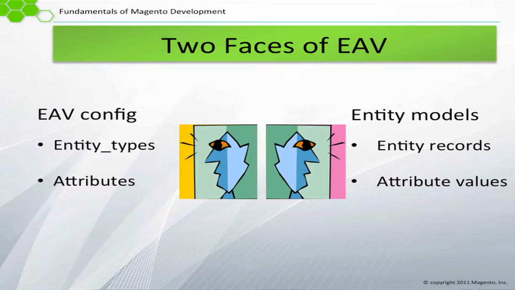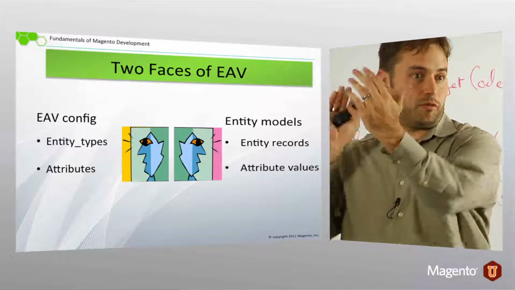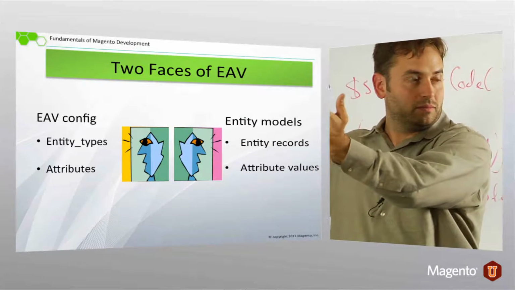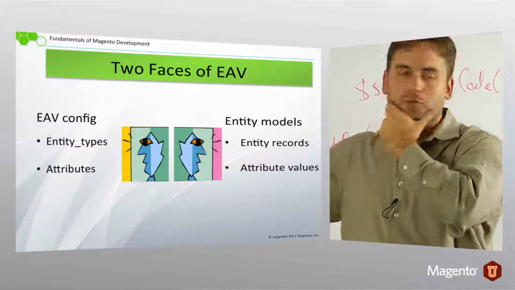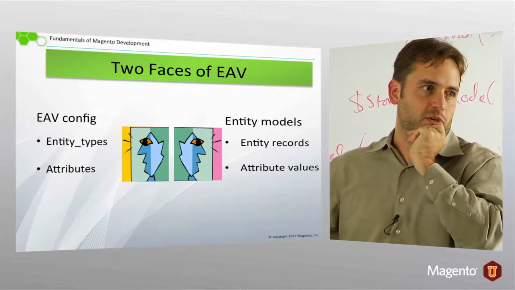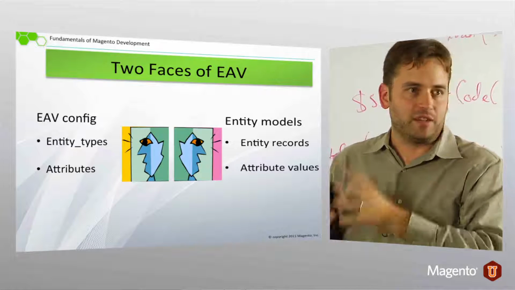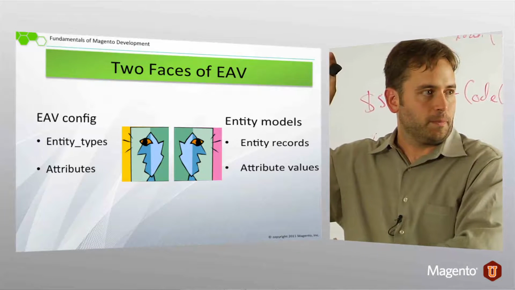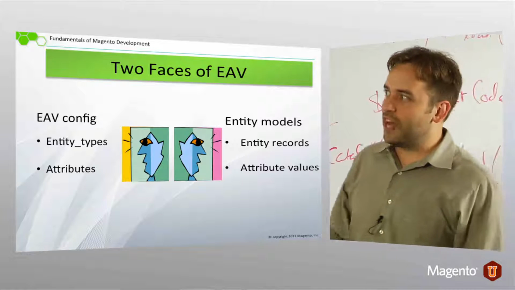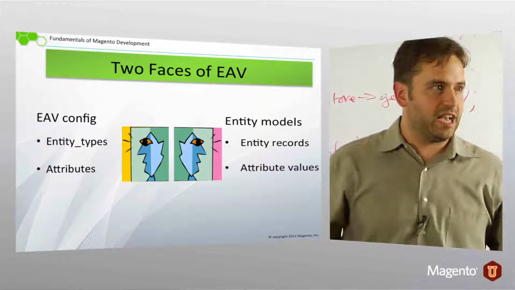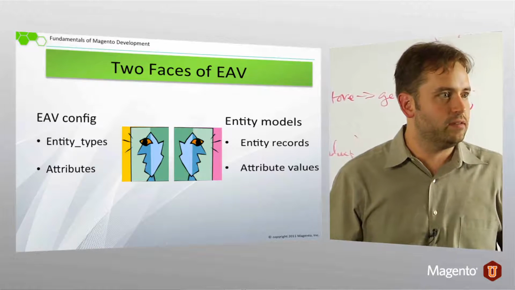EAV config. So with attributes, remember I was talking about how we could get the attribute through our entity model? Well, that's really cool because what that gives us access to, again, is that whole meta environment around that attribute. Basically, that entire attribute's modeling. And that's EAV config. And this is actually represented under Mage EAV.